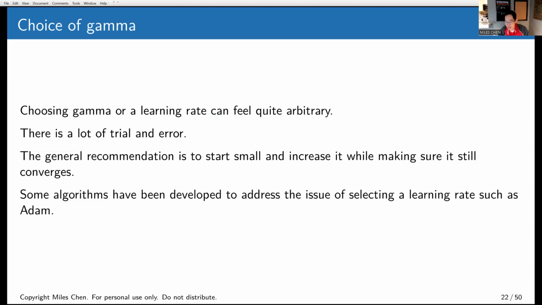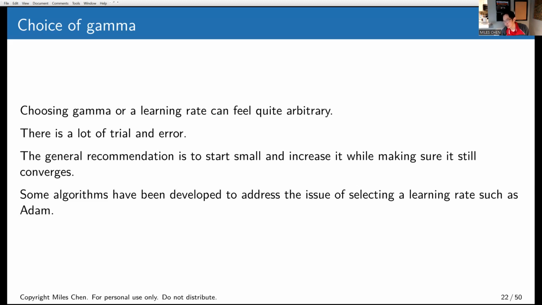Now this is an area of active research. There are some algorithms that take this idea of gradient descent and have an adaptive procedure built into the algorithm for selecting a learning rate.